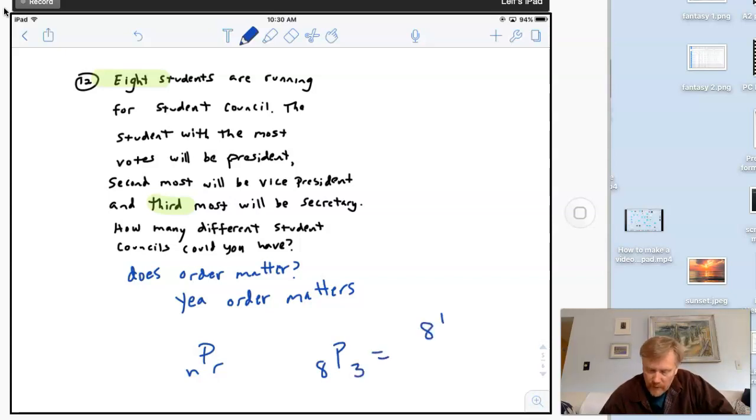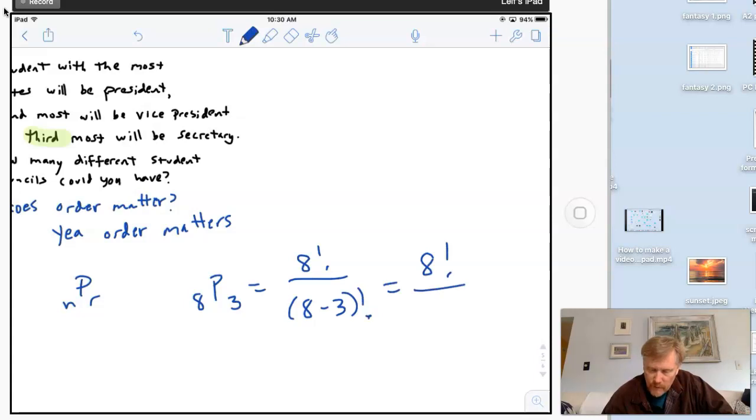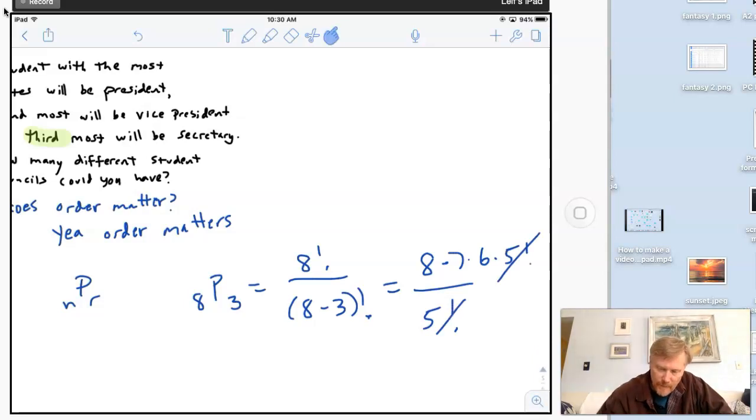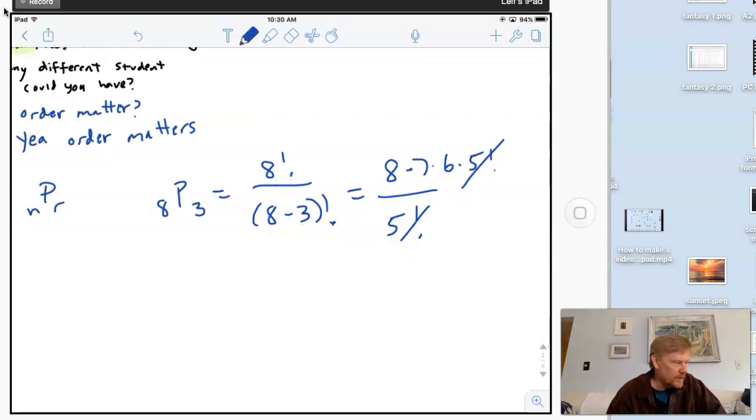So I got 8 factorial over 8 minus 3 factorial, which is 8 factorial over 5 factorial. So if I break down the 8, I can go times 7 times 6 times 5 factorial. Cancel these out. 8 times 7 times 6 will be my answer, which is 336.